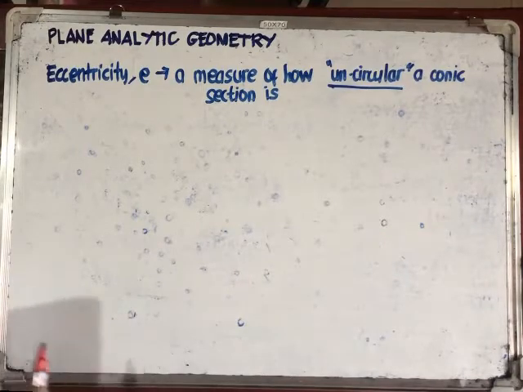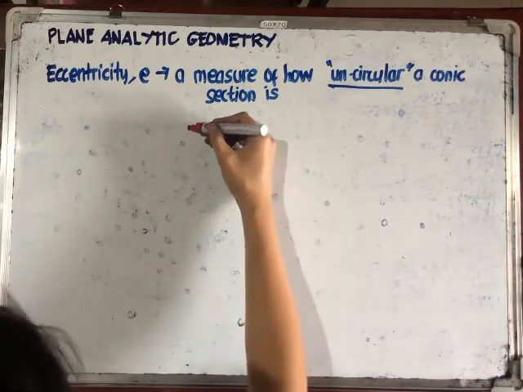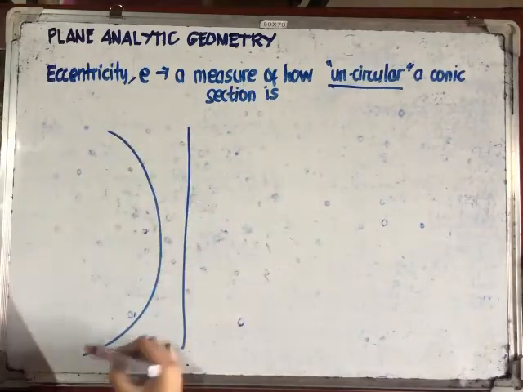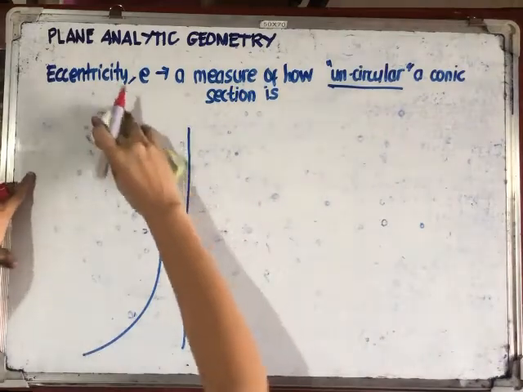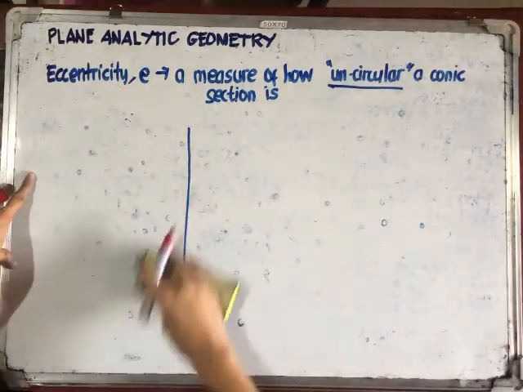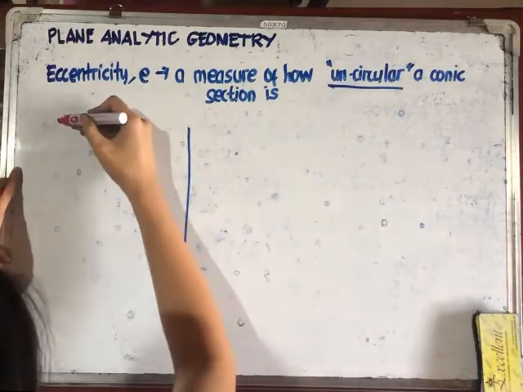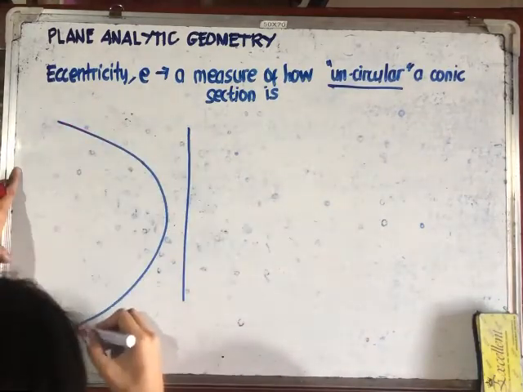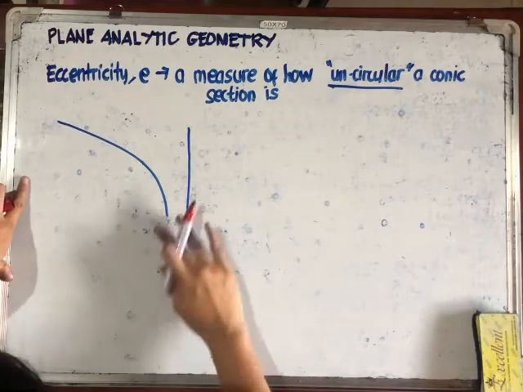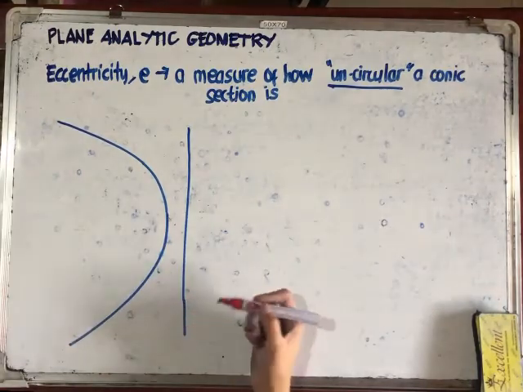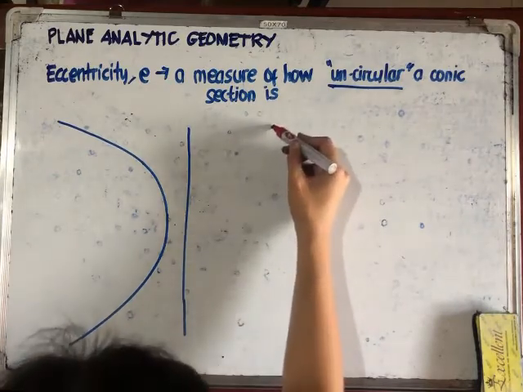So, paano natin siya malalaman? Ito na lang yung palagi kong ginagamit na drawing para madali kong matandaan ano yung mga eccentricity. Kasi minsan, kino-compute mo lang yung eccentricity, pwede mo na malaman what type of conic section ang meron ka with respect to the eccentricity values nila.